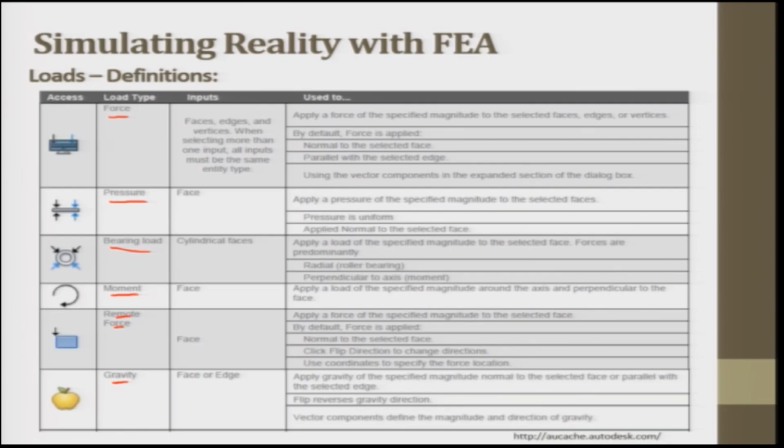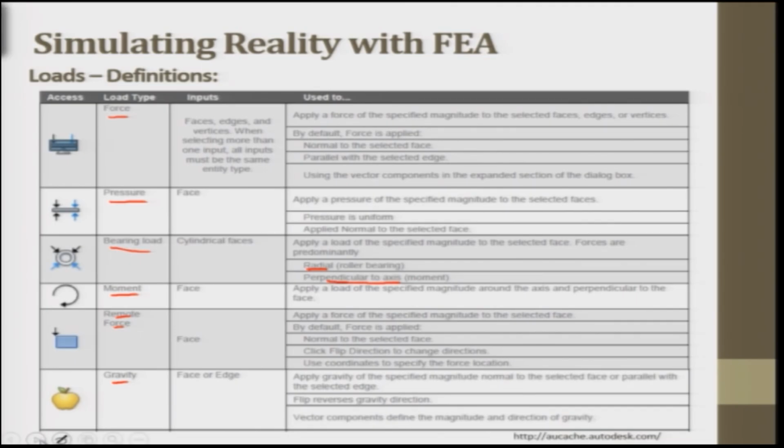What is the normal force or parallel force in pressure? What is the pressure applying on the face? What is the magnitude of pressure? For the bearing loads, all these load types with specific magnitudes and conditions are put in here. For instance, in bearing load, radial or perpendicular to axis, that we need to tell. So these load definitions are given.